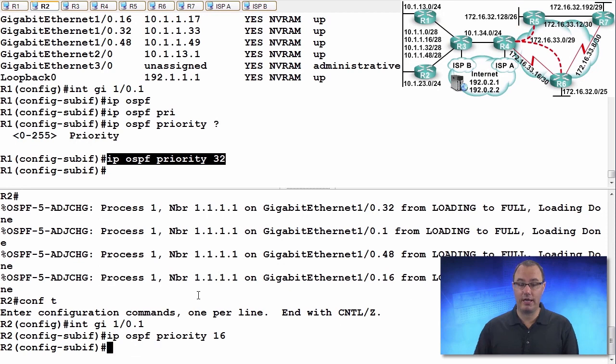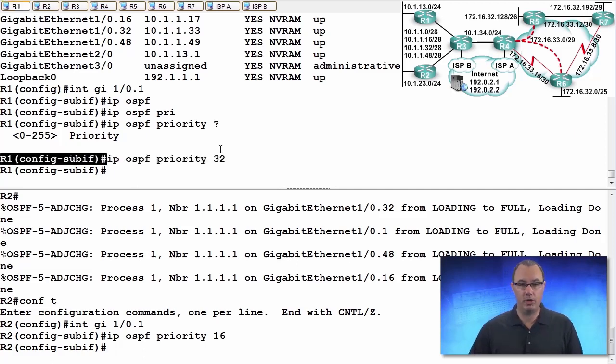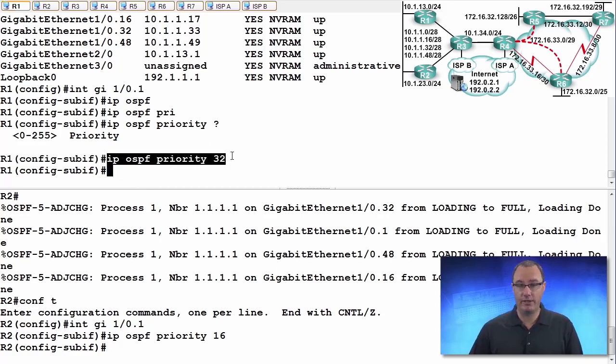So let's say I came up with a convention of 16 for BDRs and 32 for DRs. Now I still have to restart the OSPF process for this interface for the designated router election to happen. But all things being equal, R1 would be the designated router for this segment. R2 would be the backup designated router.